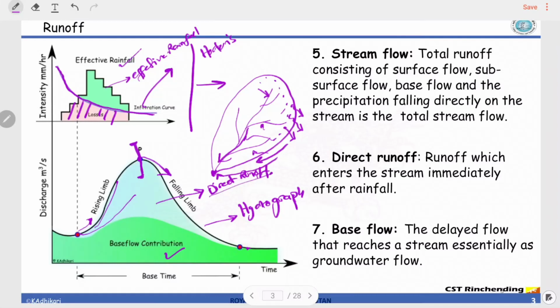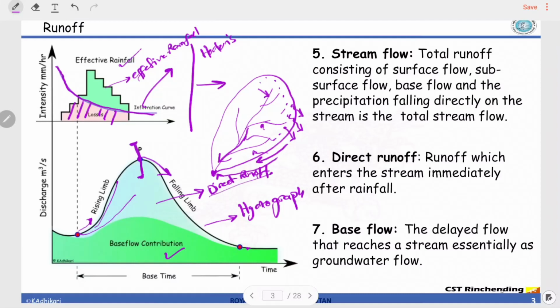For now just understand that a hydrograph consists of a rising limb and a falling limb. The characteristics of this curve depend upon rainfall characteristics as well as the catchment characteristics. And if you look closely, the hydrograph itself is composed of two parts, the base flow part and the direct runoff part.